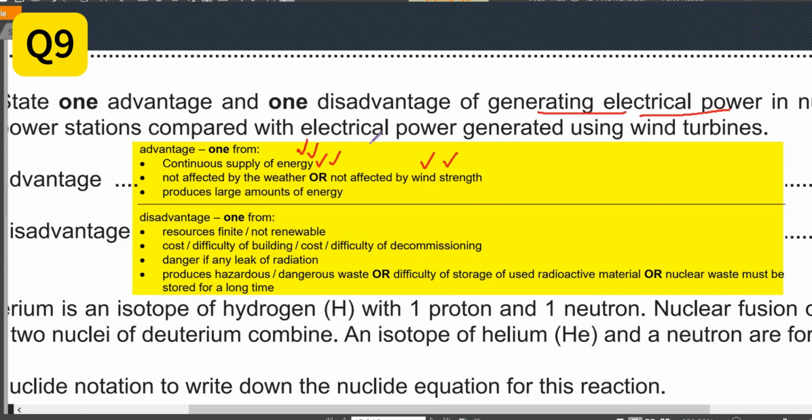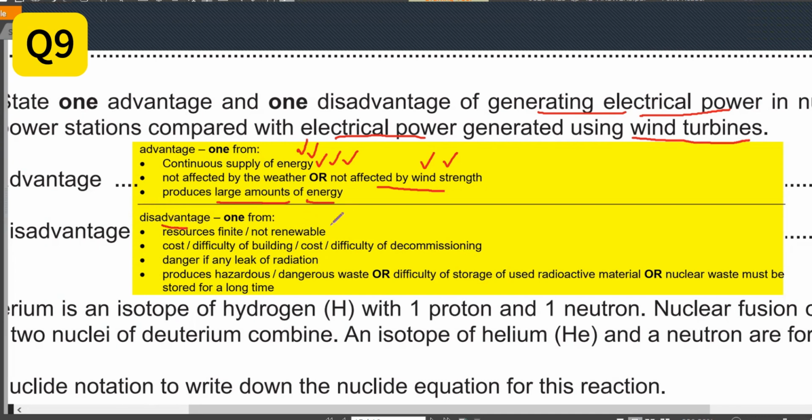Here we are comparing with electrical power generated using wind turbines. So compared to wind power, the advantages are continuous, not affected by wind strength, and it produces a large amount of energy. Nuclear reaction can produce a lot of energy.